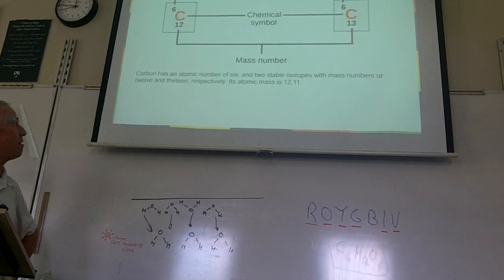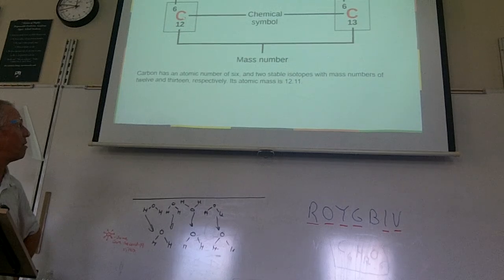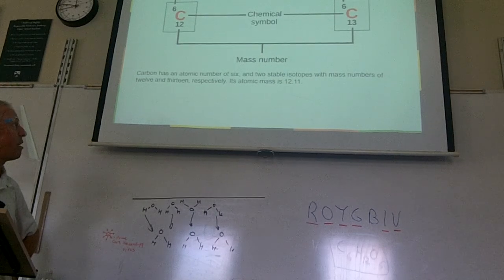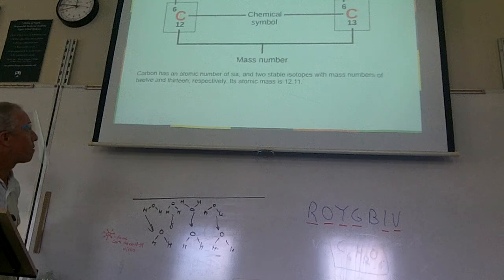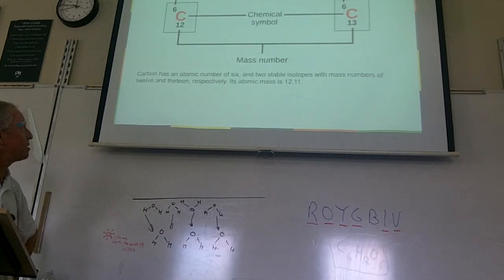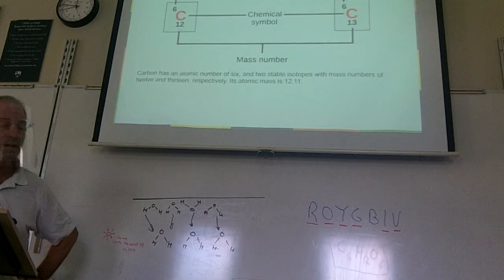Often you'll see an atom's symbol with 2 numbers next to it. The smaller number is called the atomic number. That's the number of protons. Carbon has 6 protons. The larger number is the mass number.